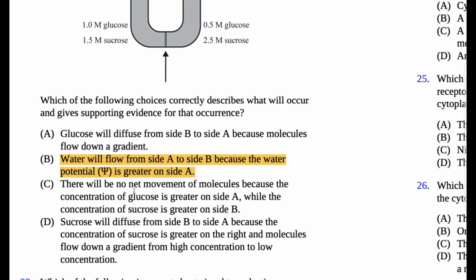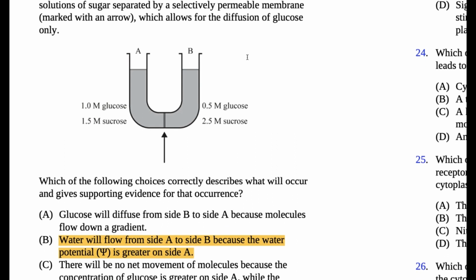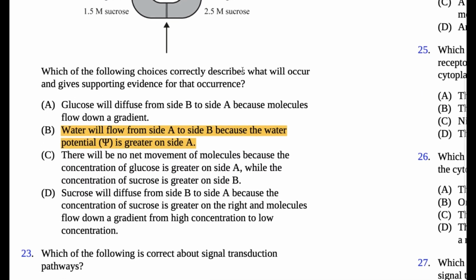There will only be no net movement if the water potential on both sides is the same. Glucose will diffuse from side B to side A. It's not true because this selectively permeable membrane doesn't allow sucrose to diffuse from one side to another.